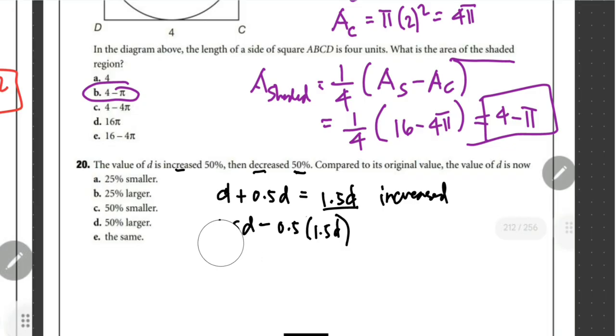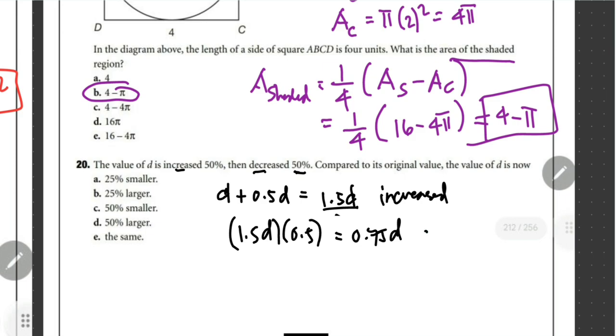Okay, hold on, decrease by, so 1.5D times 0.5. So this is now the decrease, 0.75D.